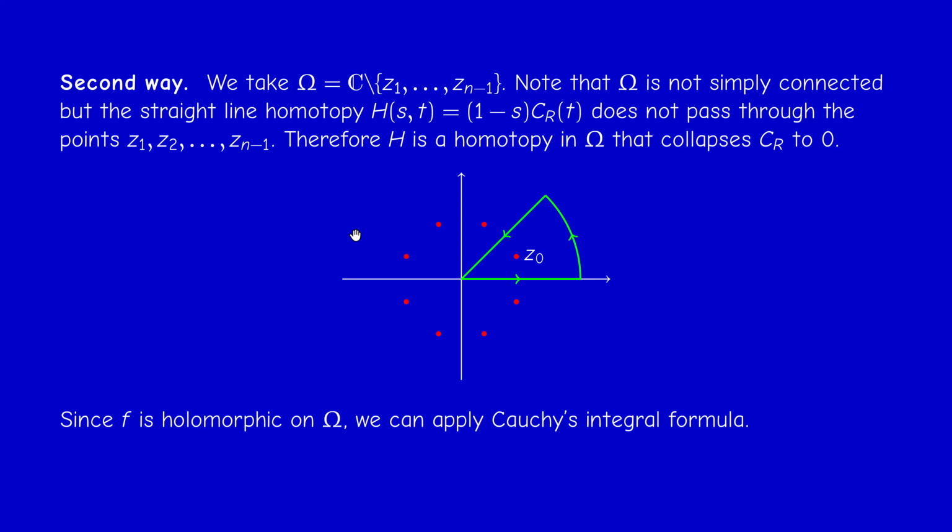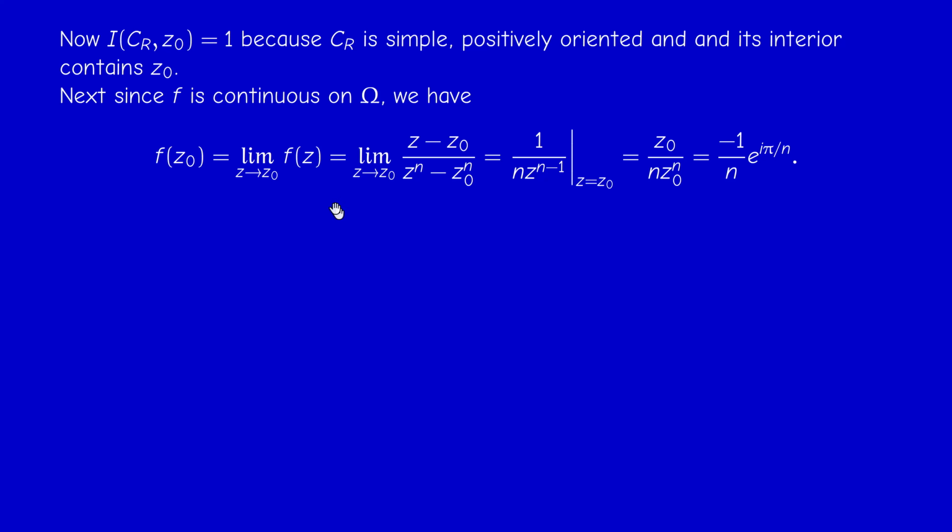Now the computation of f of z0 is a little bit tricky. Here it is. f of z0, because f is continuous at z0, is the limit of f of z. But f of z, if you go back to the definition, can be written as (z minus z0) over (z^n minus z0^n), because z^n plus 1 is z^n minus z0^n, so I can factor by it.